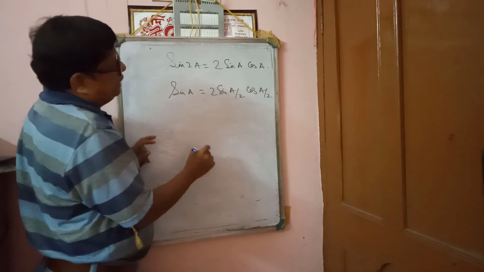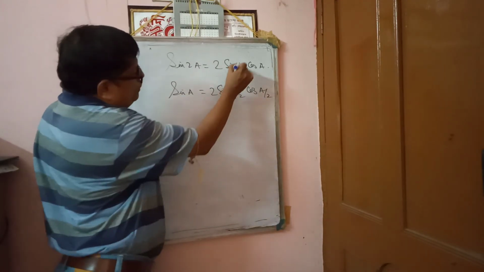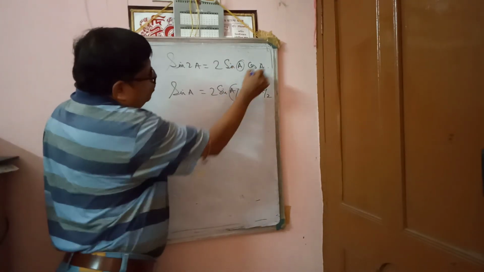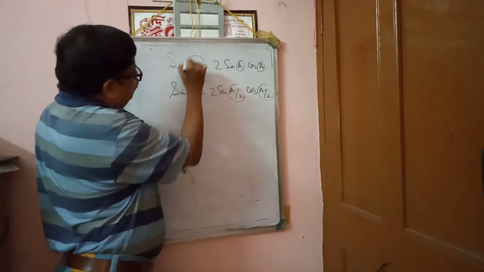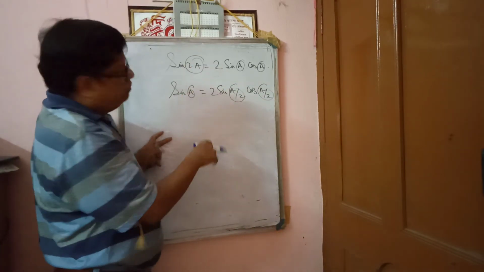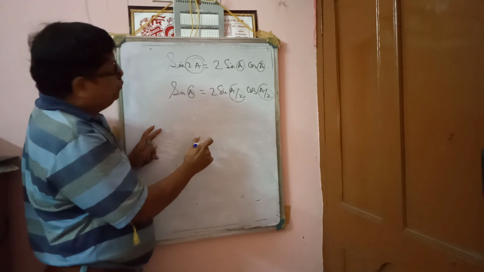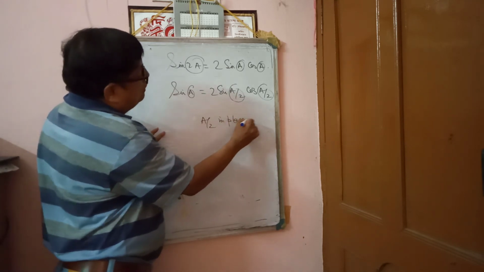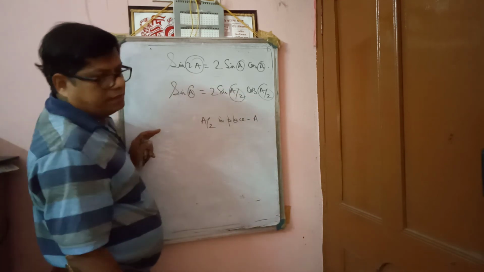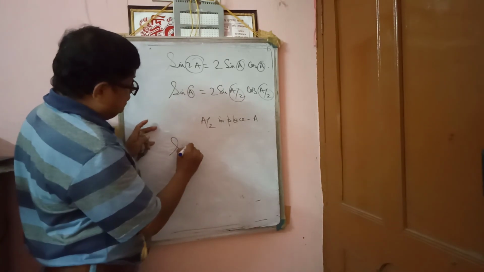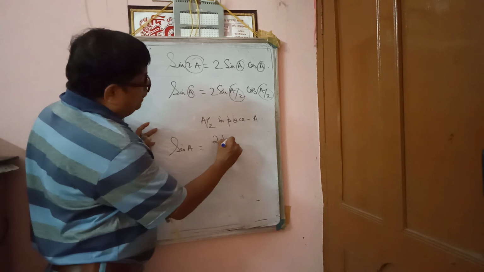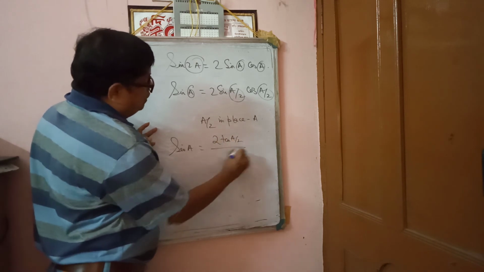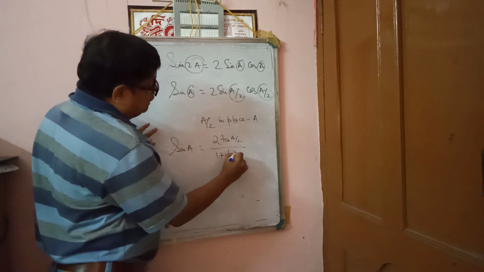Similarly, sin A we can write as 2 tan A by 2 by 1 plus tan square A by 2.